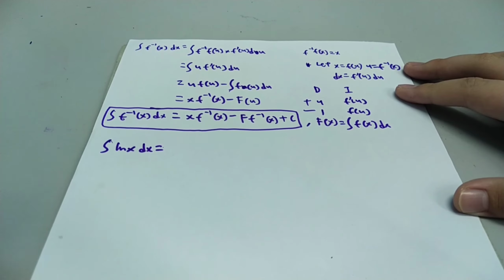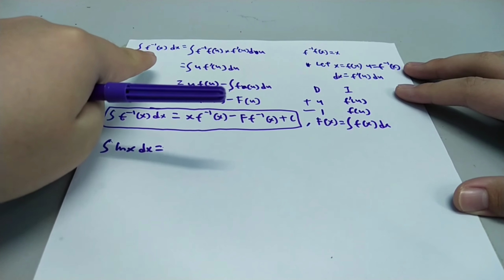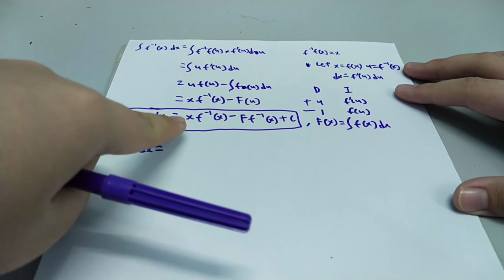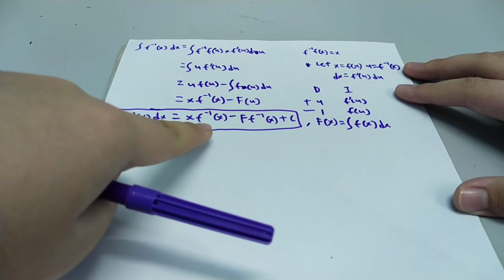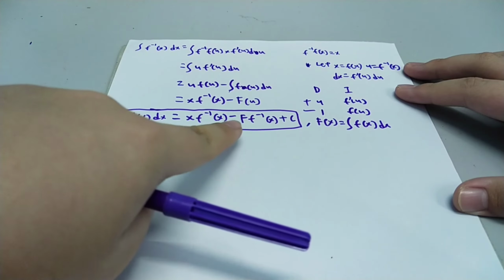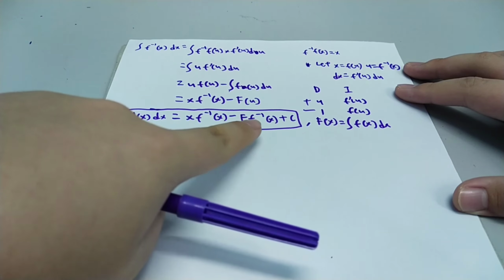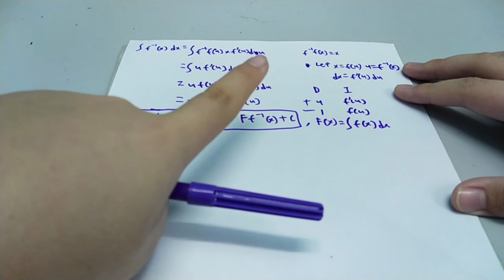Now let's solve the integral of natural log of x dx using the shortcut that we derived just now. So as you can see, the integral of f inverse of x is equal to x times f inverse of x minus capital F of f inverse of x plus c.